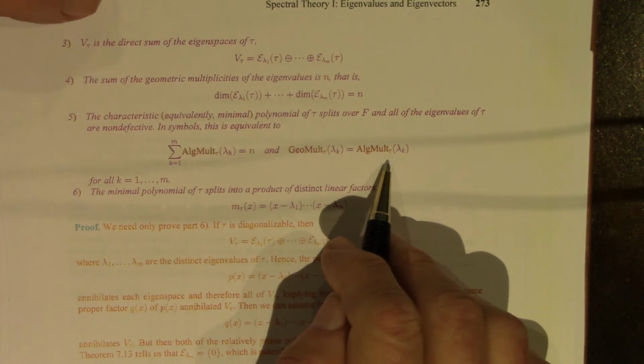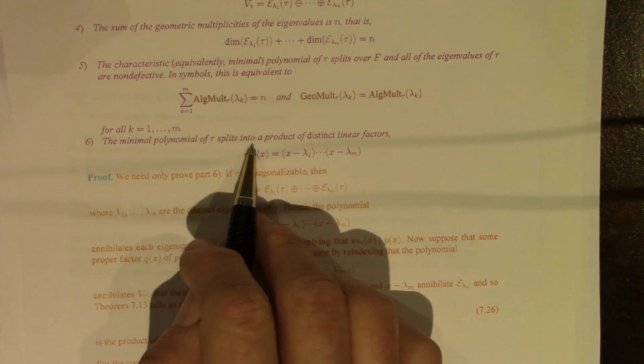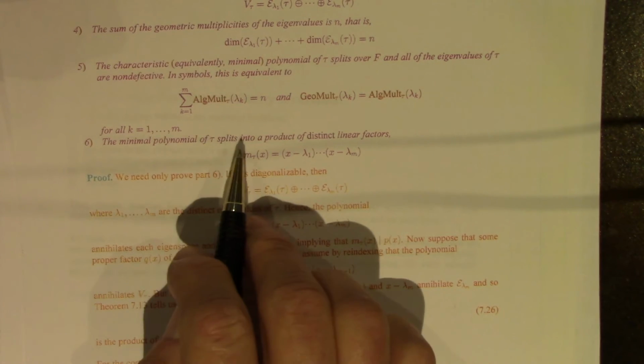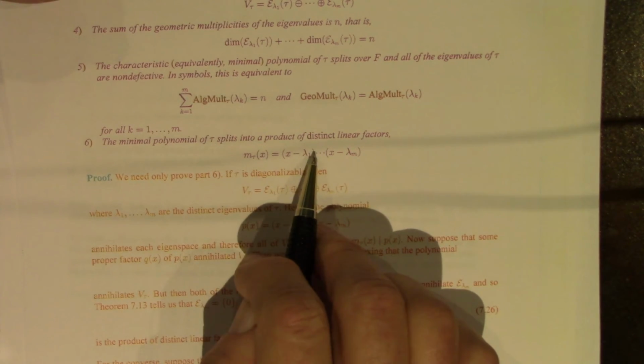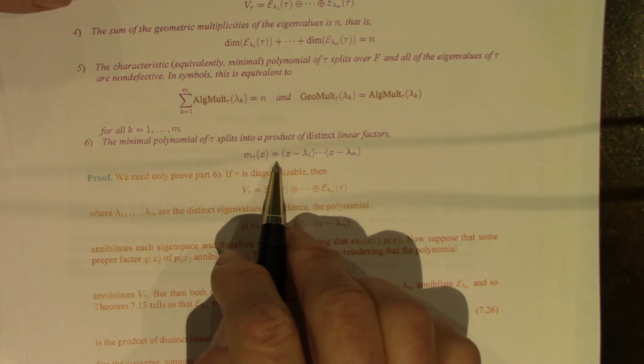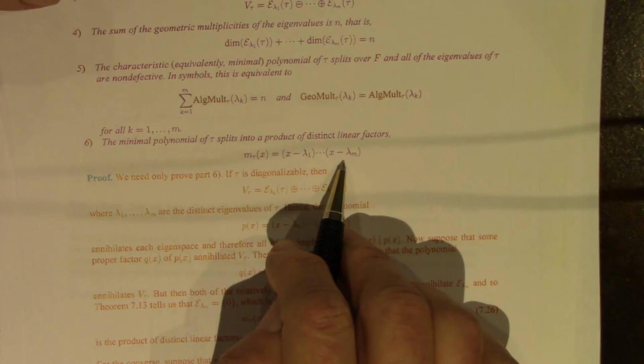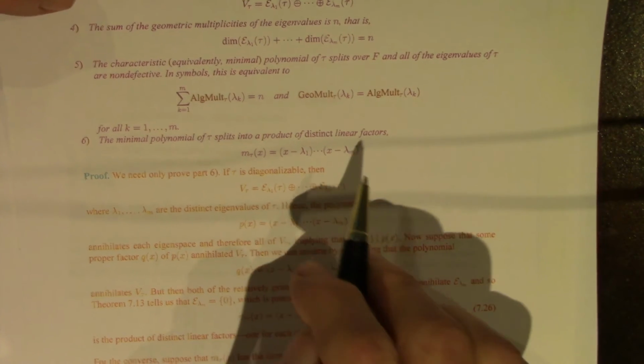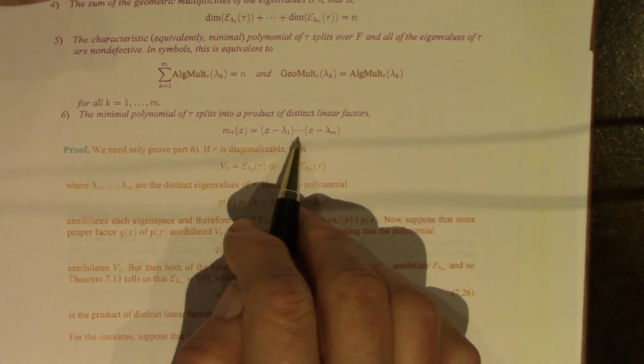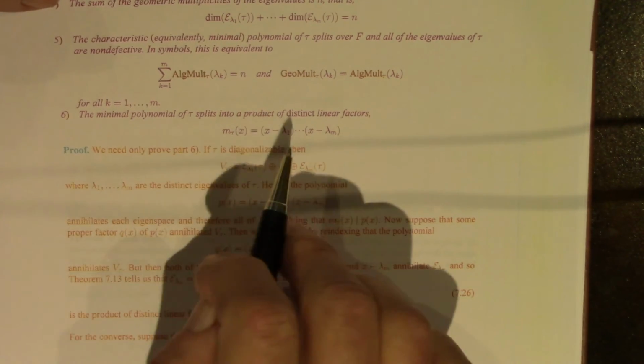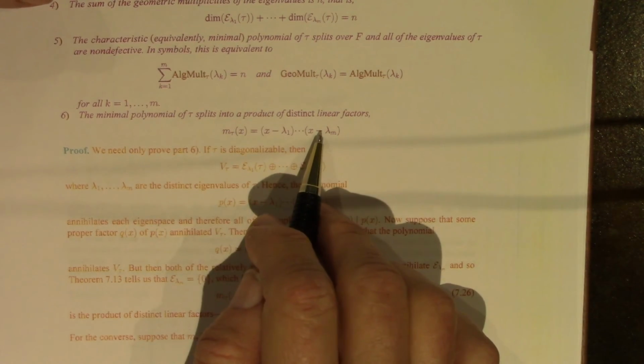That's where we concluded the theorem in chapter 4, but now we can add one more item. The minimal polynomial of tau splits into a product of distinct linear factors. So all we need to do is prove that this last condition is equivalent to any of the others.